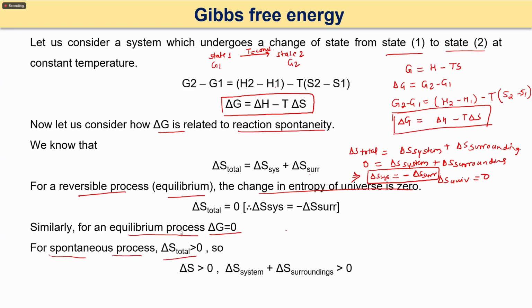Since delta S total is equal to delta S system plus delta S surrounding, that means your delta S system plus delta S surrounding will also be greater than 0 for a spontaneous process.